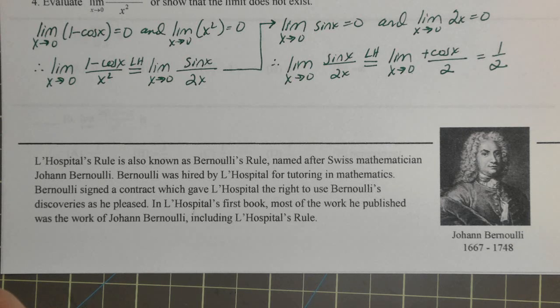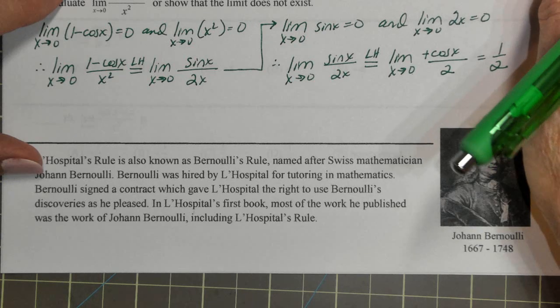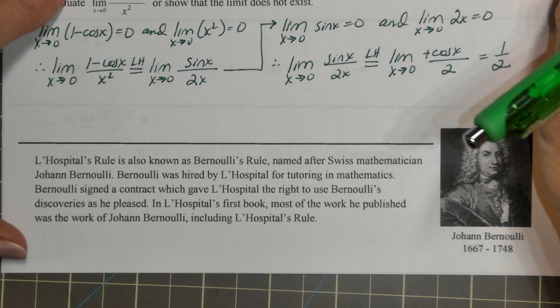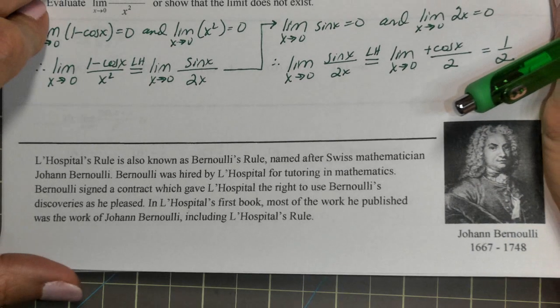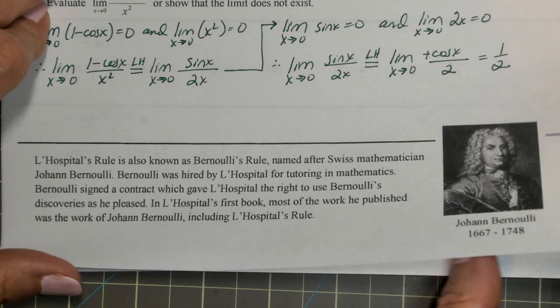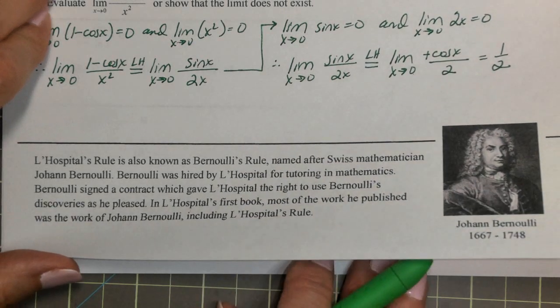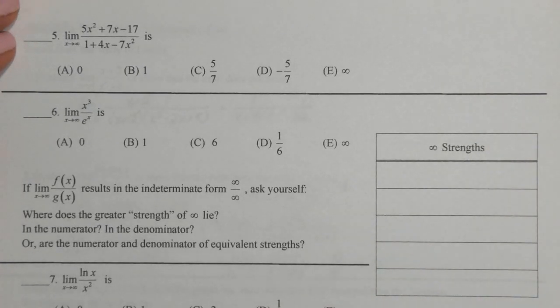Bernoulli was paid for his work, by the way. That was done frequently back in that time period. Mathematicians would sell the rights to some of their work. But Bernoulli, in his own right, has lots of things that are named after him. He did a lot with physics and some of the sciences, as well as math.